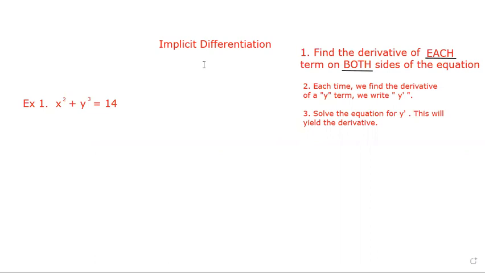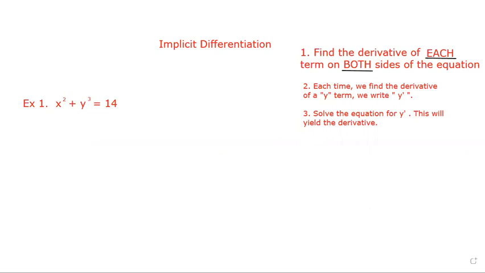Okay, so today we want to look at a process called implicit differentiation. Implicit differentiation works a little differently than the normal differentiation process.